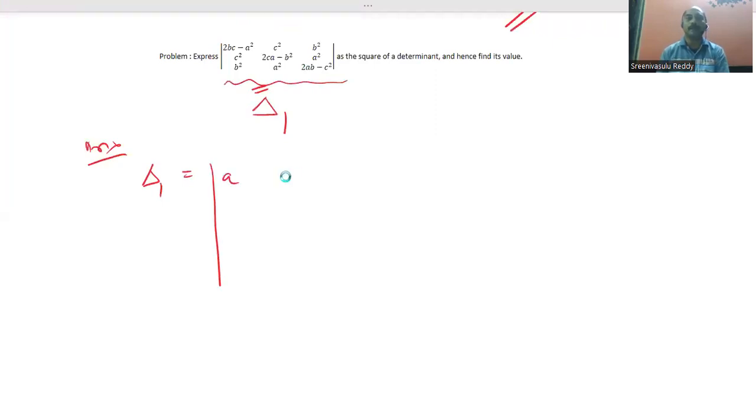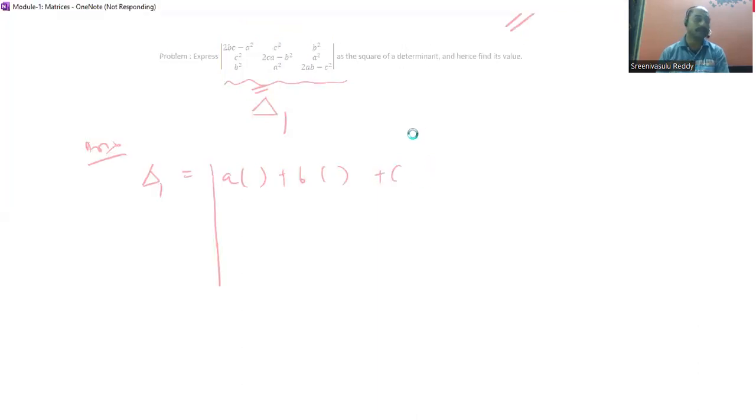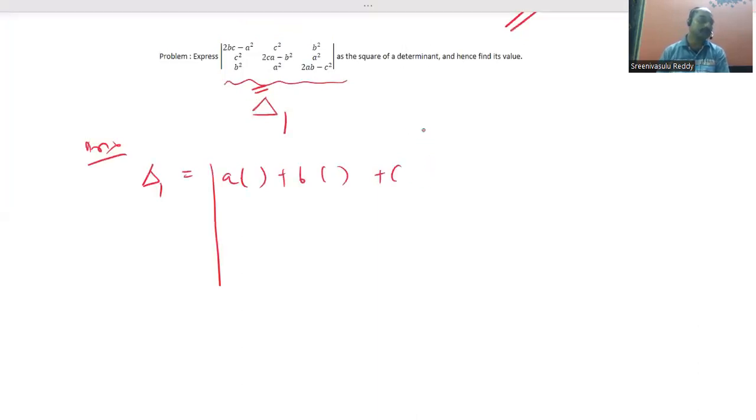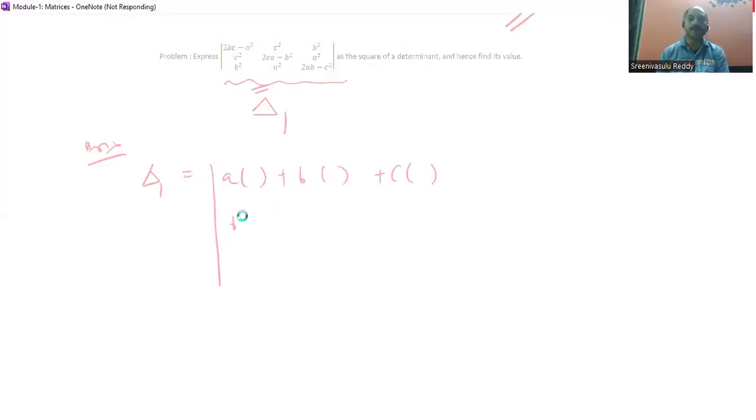Write A into something, B into something, plus C into something. Here also write down the same thing. In all rows write the same thing. I will give clarity. In the second row also B C A, cyclic order, B into something. The first row all are same.